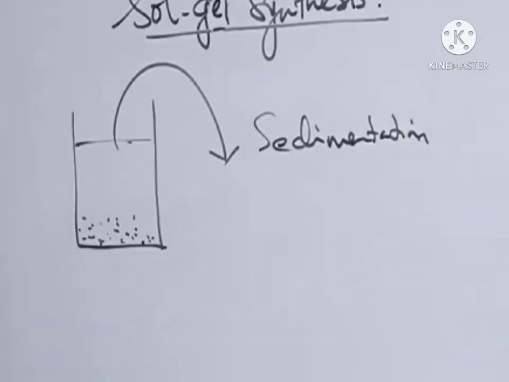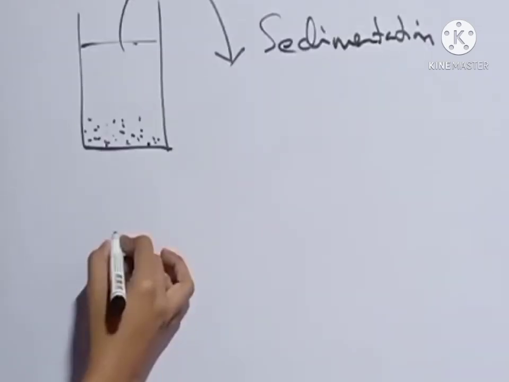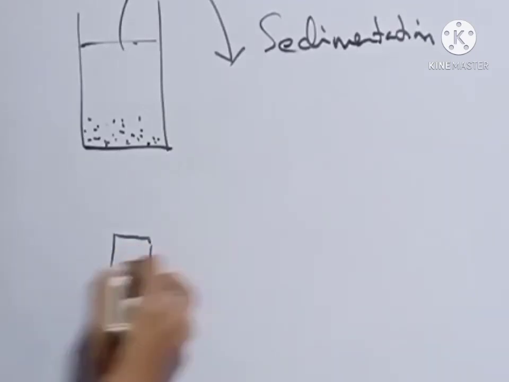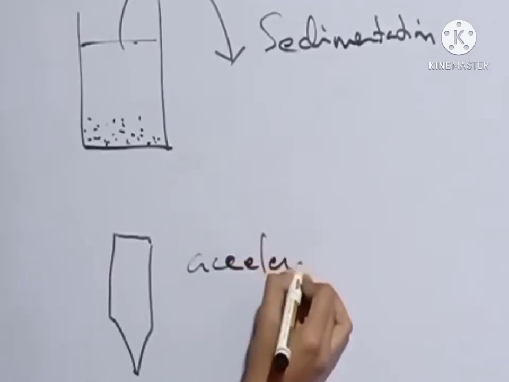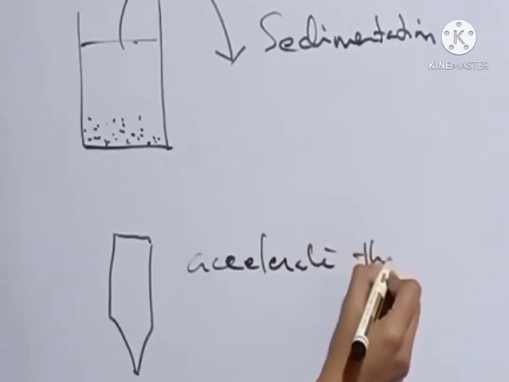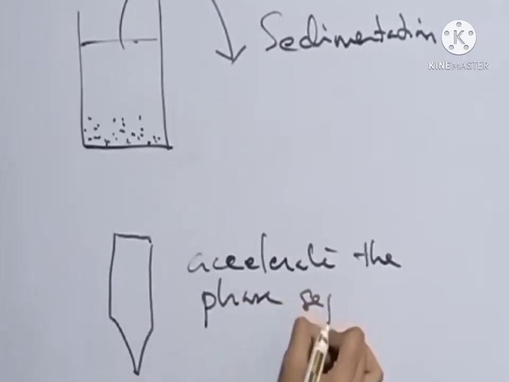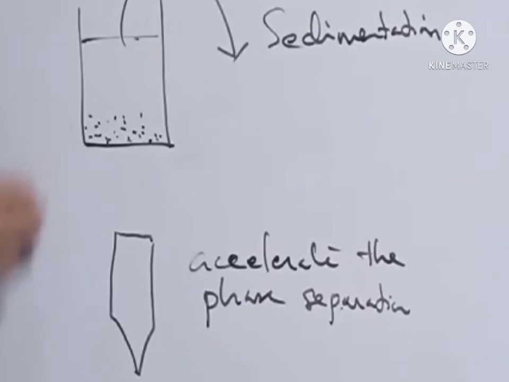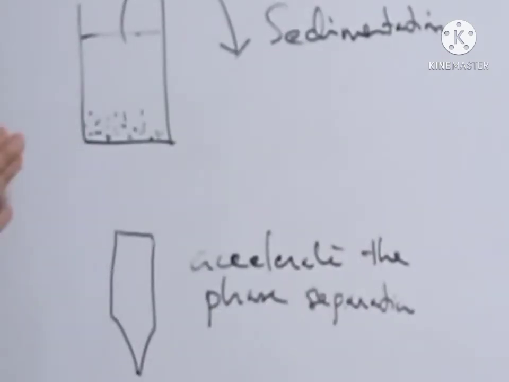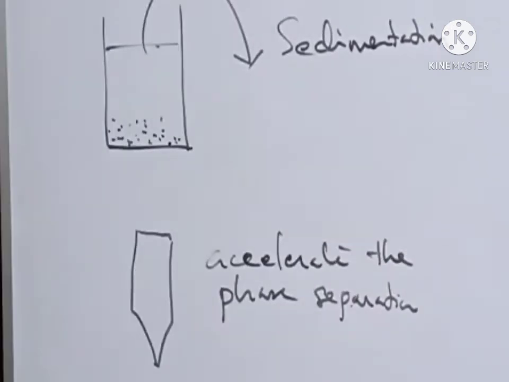Then during centrifugation, centrifugation accelerates the phase separation. That is why centrifugation is considered a simple method for sol gel synthesis.